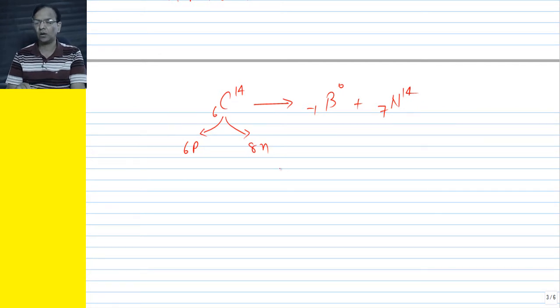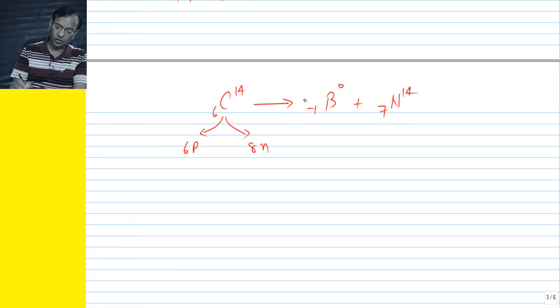So that is how the neutron and proton numbers are balanced in the case of radioactive isotopes.